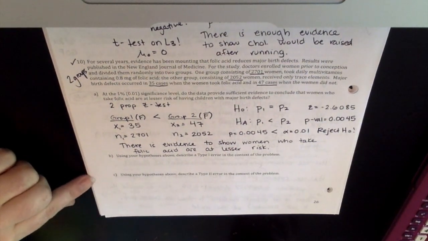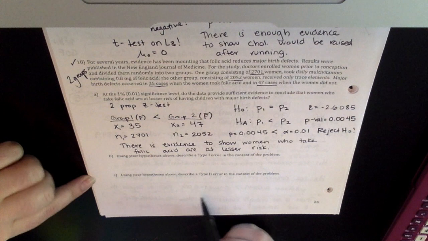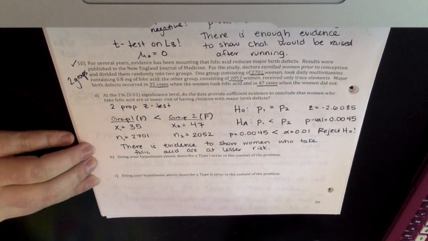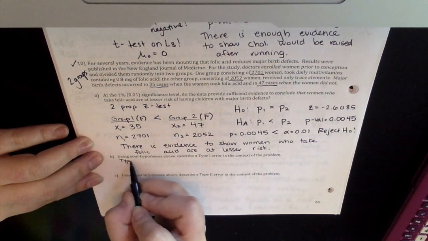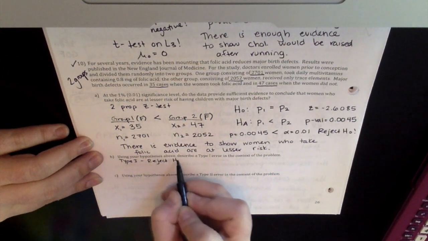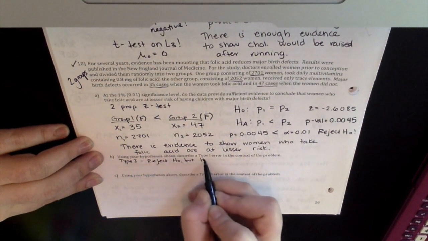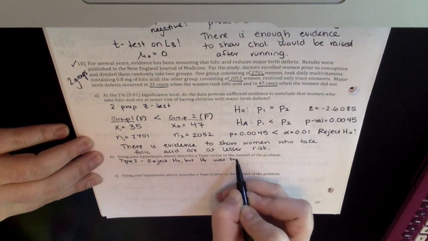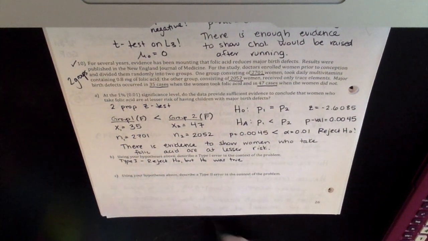Using the hypotheses, describe type 1 error in the context, or type 2. So type 1 is when you reject H naught, but H naught was true. Okay, so I'll write this one and then we'll reverse the order for type 2 because that's how it always works. So type 1 is I reject the null.